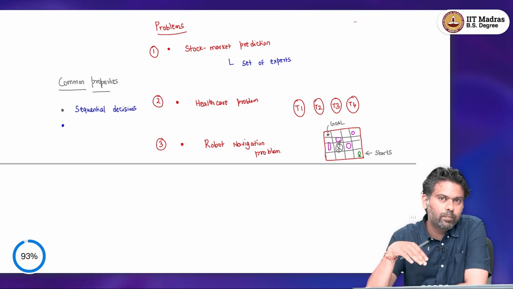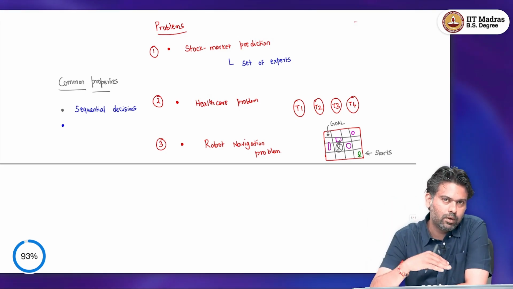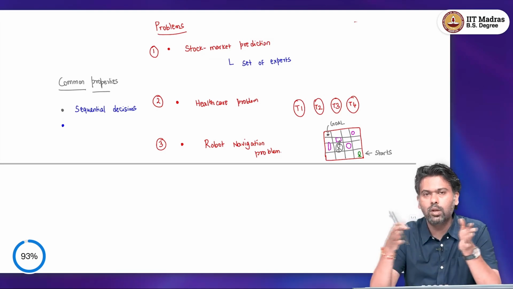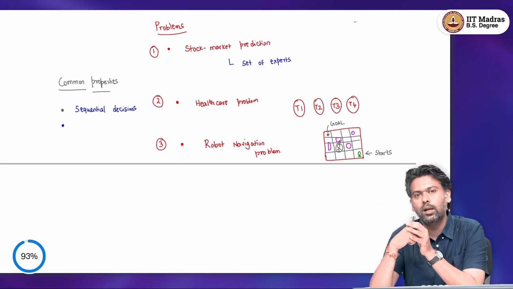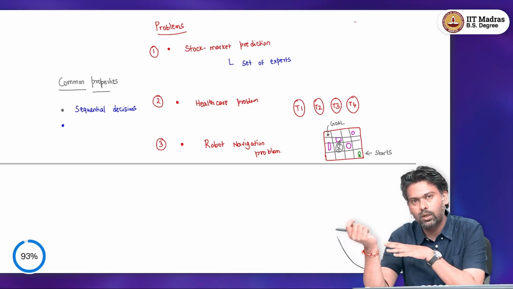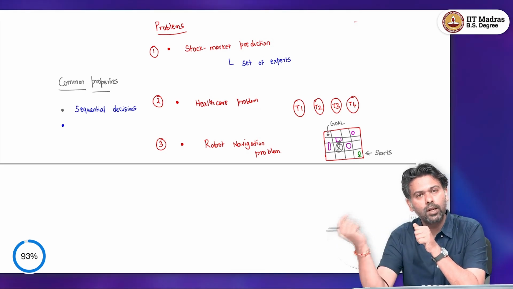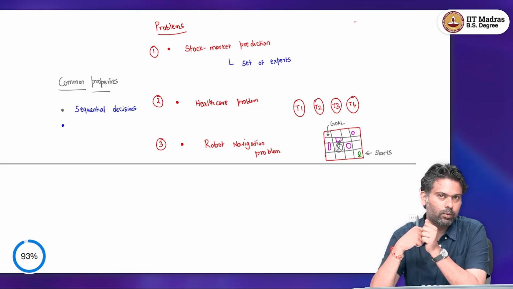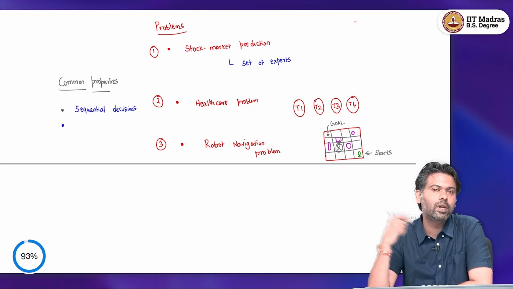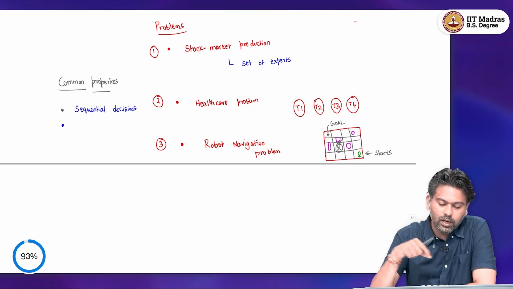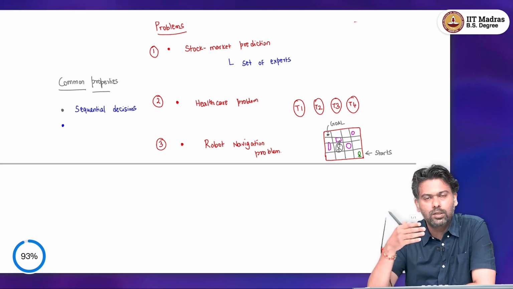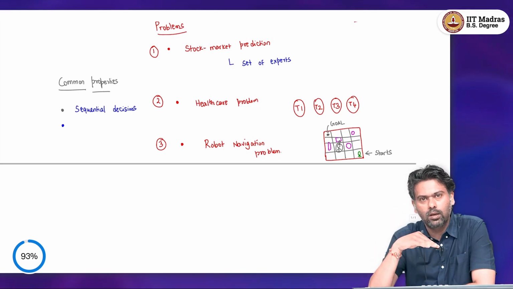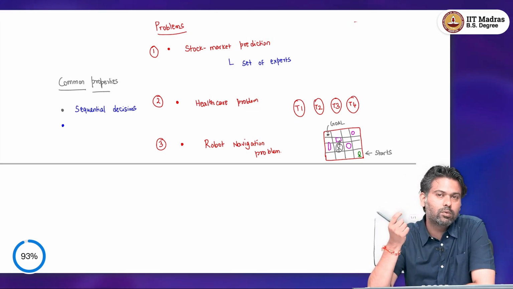Whereas in this problem, just the features are given, which is all the experts' advice, and I have to make a decision whether I want to invest in the stock market or not, and after I make the decision, the label is given to me, right? So the label is the feedback that I get. Similarly, in the healthcare problem, the patient walks in, I make the decision, and after I make the decision, I get the feedback whether that decision was a good decision or not.